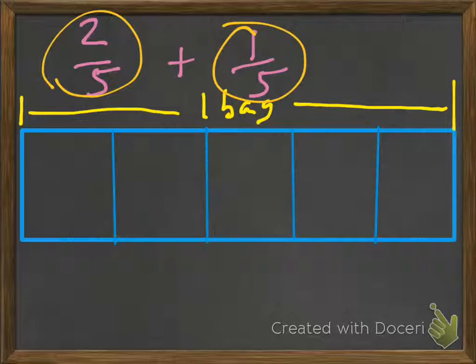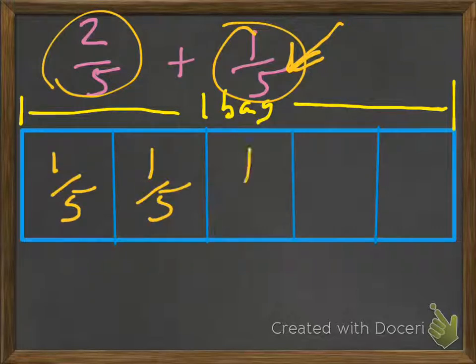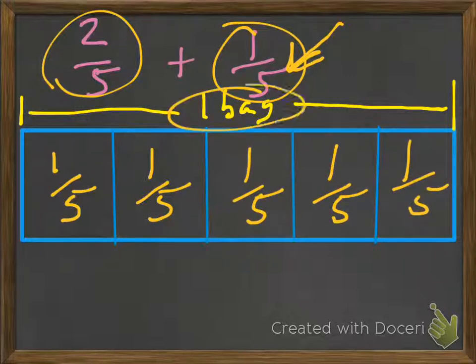And since they're like denominators, that helps us out quite a bit. Let's say this whole chart here represents one bag, and we know that each section is 1/5. The whole bag is one whole bag, and it's just divided into 5 parts.